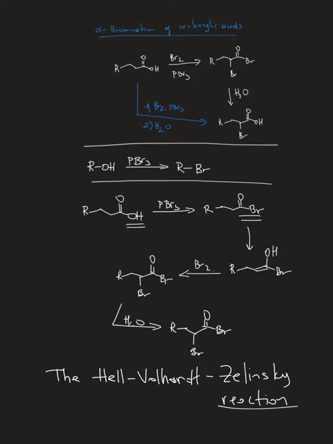Okay, so these are the only halogenation reactions that I wanted to cover under acidic conditions. So in the next part, we'll look at the halogenation reactions under basic conditions, right?